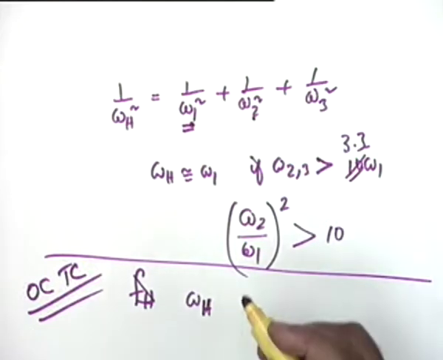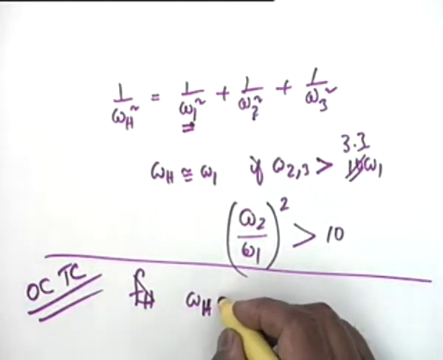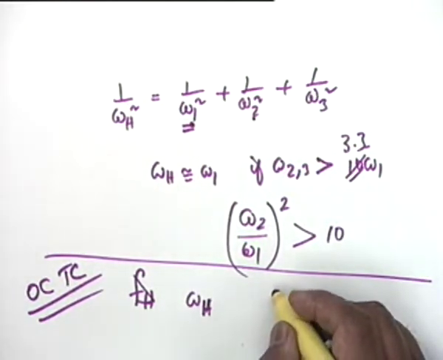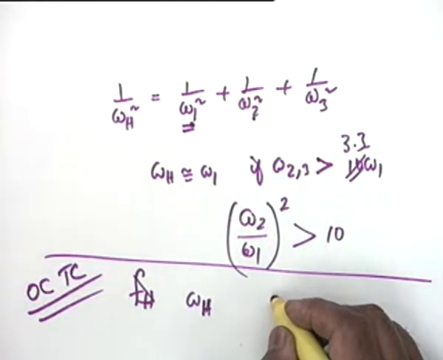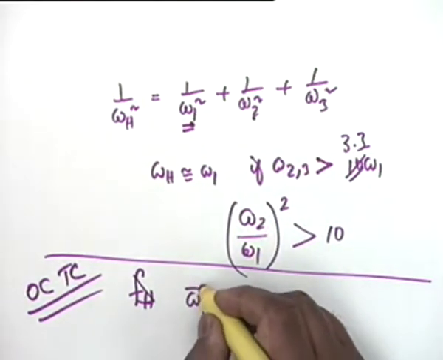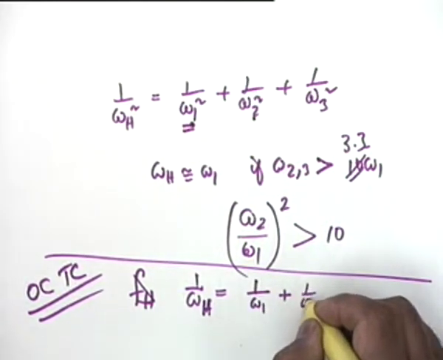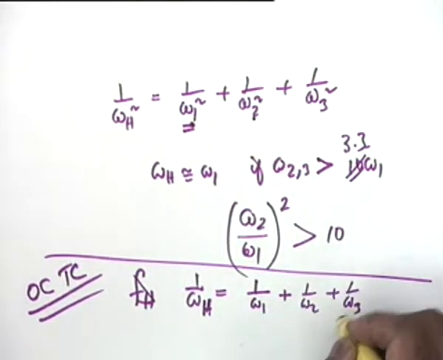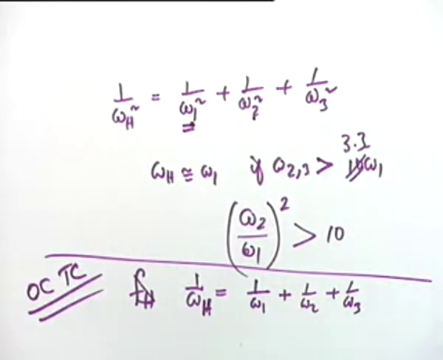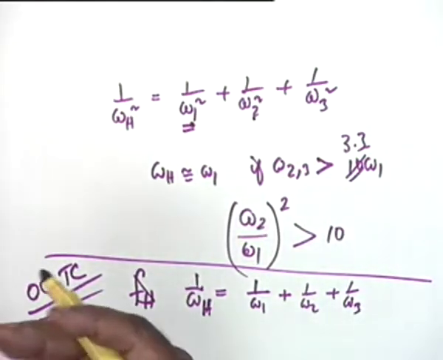It would be 1 by omega h equals 1 by omega 1 plus 1 by omega 2 plus 1 by omega 3. Isn't that right? Time constants add. That means the reciprocals of frequencies add.